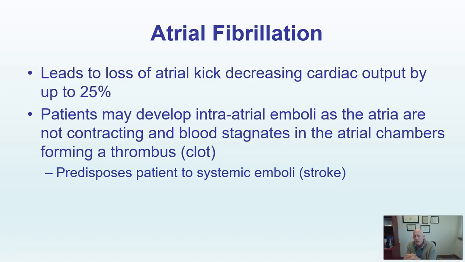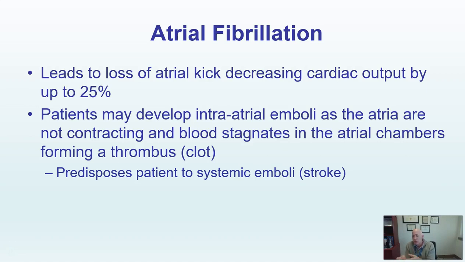And then the other thing is, if you think about what's happening inside that atrium, we talk about Virchow's triad in terms of what causes blood to clot, whether it's in a vein in your leg or inside your heart. One of those is stagnation. When the atrium is not contracting, it's just sitting there quivering, and blood sticks along the sides of the wall, and when it stagnates there, it's more likely to clot.